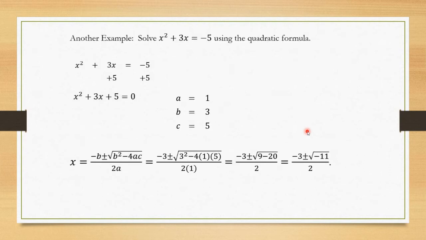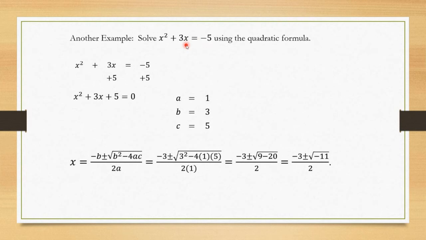Let's take a look at this one. x squared plus 3x equals minus 5. Okay. Well, we're going to use the quadratic formula. Notice it's not in standard form initially, right? So you want to get the 5 on the other side here.